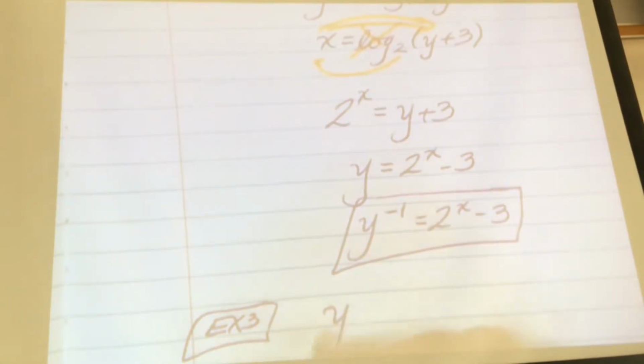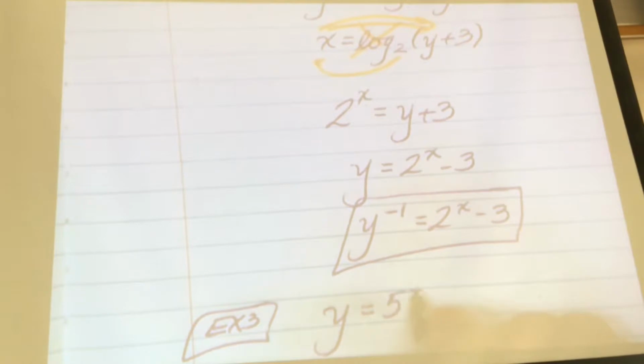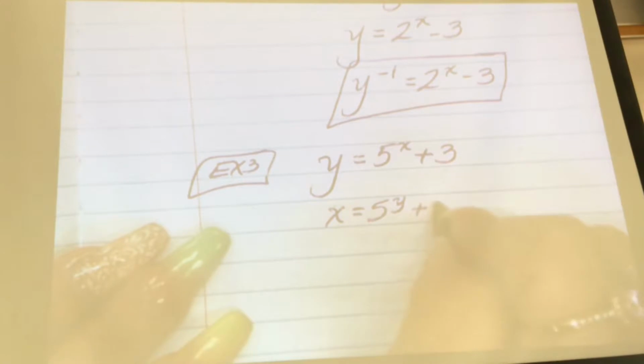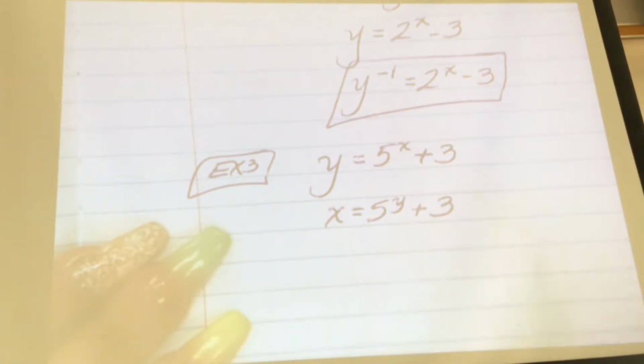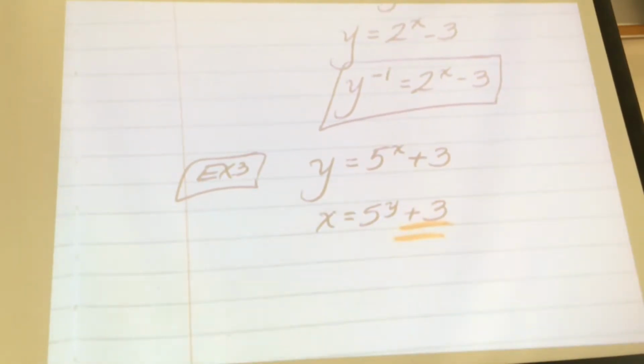If I have y equals 5 to the x plus 3, I do the same thing. Switch my x and my y. I want to get rid of this 3 right here so that I can do my log and introduce the log this time.